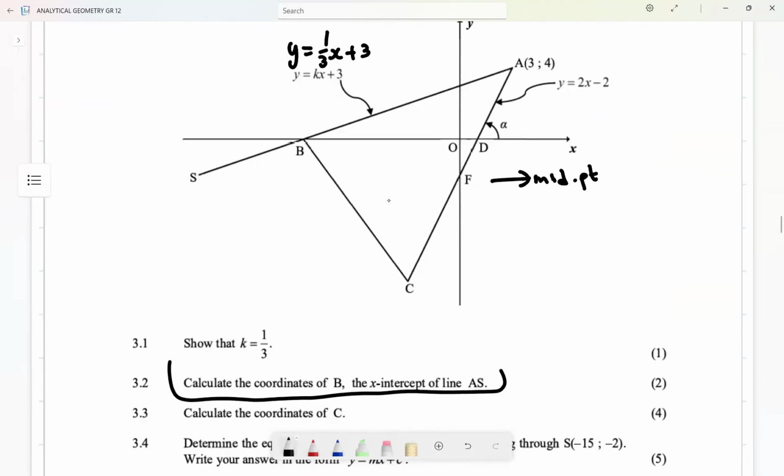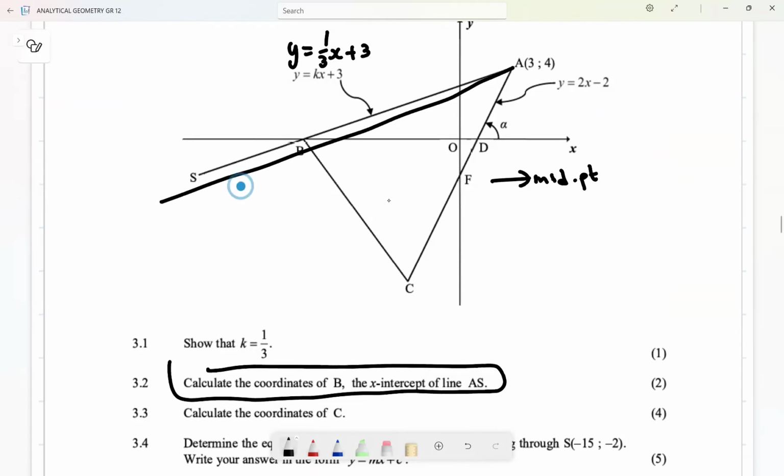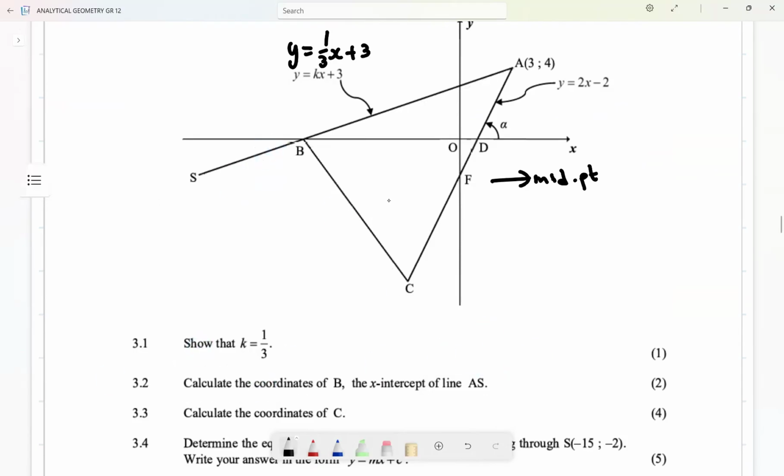Calculate the coordinates of B, the x-intercept of AS. For the x-intercept, I let y equal to 0. So 0 is equal to 1/3 x plus 3. When I take 3 to the other side, it's going to be -3 equals 1/3 x.